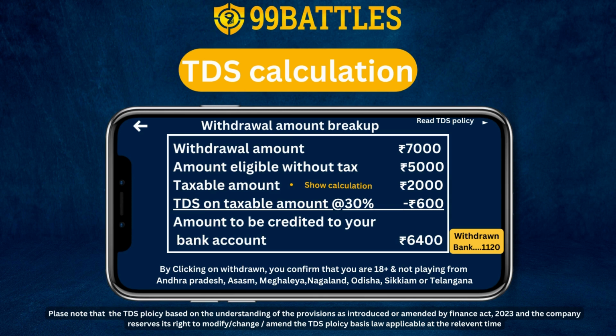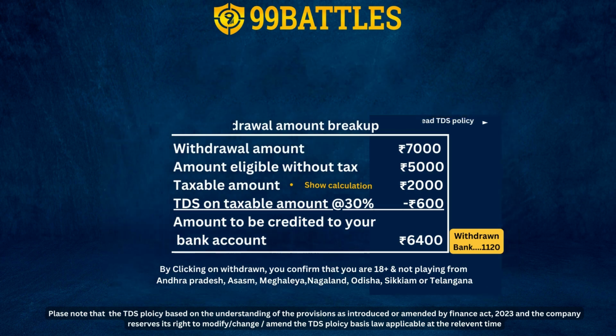The TDS will be Rs 600. Amount credited is equal to 7,000 minus 600, which is Rs 6,400. This means a TDS of 30% will be applicable on net winnings.